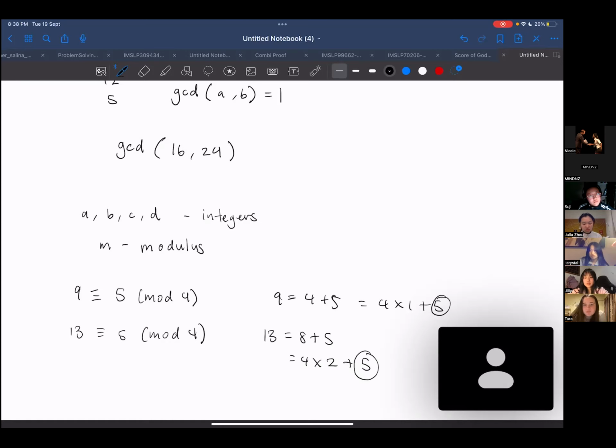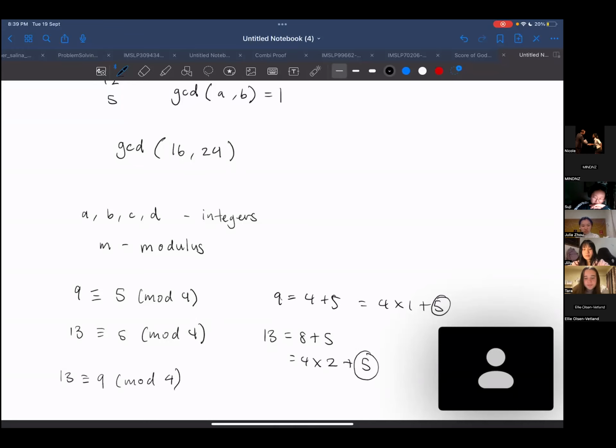So 13 is not only congruent to 5 mod 4, but to 9 mod 4 as well. What that means is that when they're divided by 4, they share the same remainder. Does that make sense?